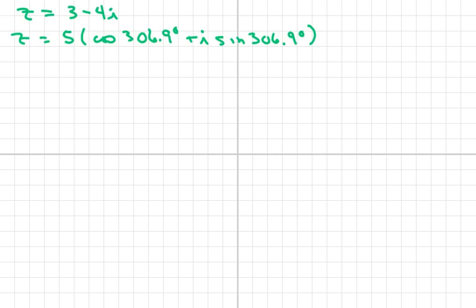So the length is 5, so I'm going to just go to 4 here. Since it's 306 degrees, I go here and call this negative 4.